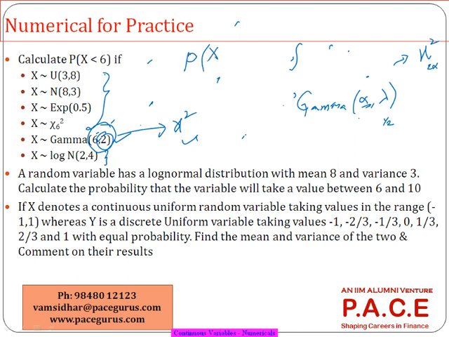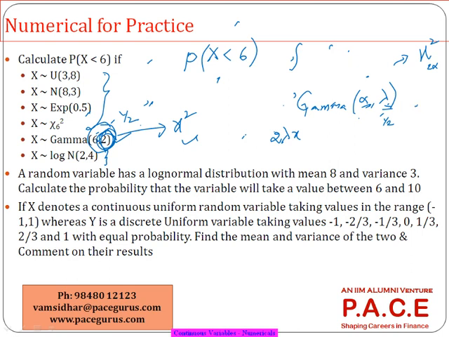So when someone is asking me for x less than 6, you try to do it as 2 lambda x. If this has to be half instead of 2, it's as good as you are multiplying it by 4. You are multiplying that half by 4.